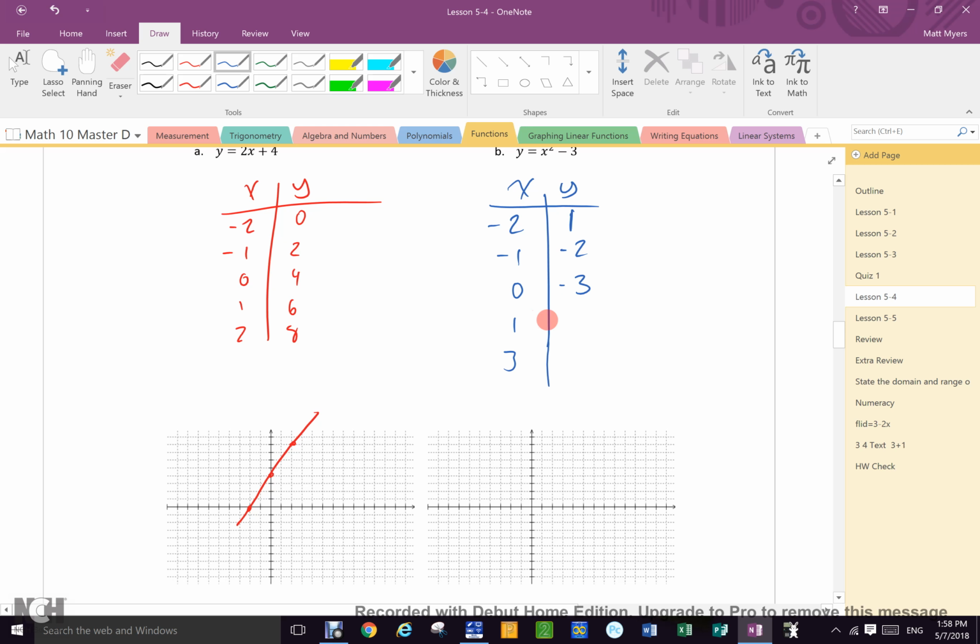What's 1 squared? 1. Minus 3. -2. What's 2 squared? 4. Minus 3. 1. Graph it. -2, 1. 0, -1, -2. 0, -3. And then it just reverses. And it makes this nice fancy U.